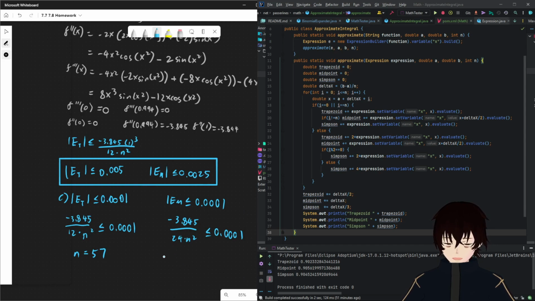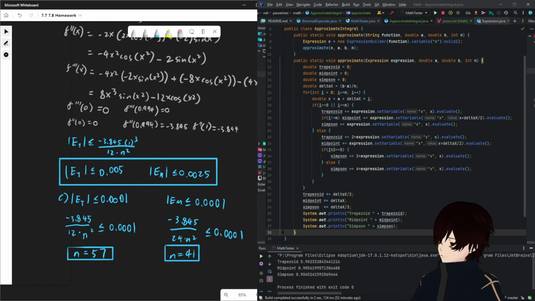And for the other one, you get n is equal to 41 at least. Hey, at least I get a perfect rectangle this time. No, the actual answer says 71 and 50, which are not our answers apparently. I have no idea what I did wrong here still.